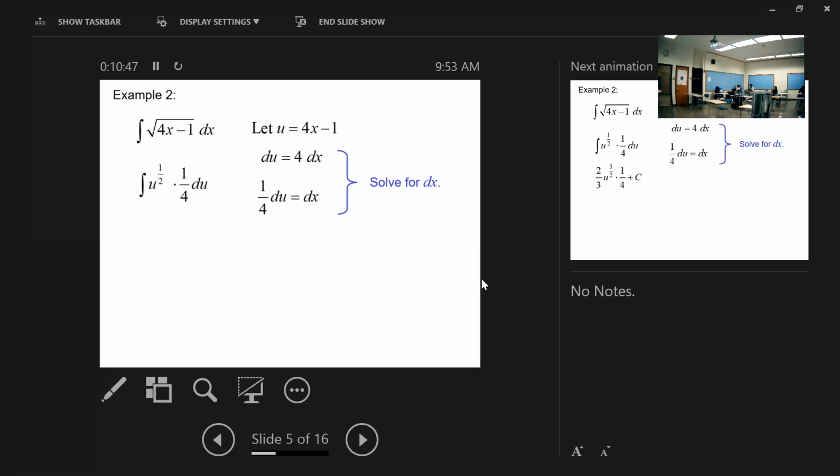Well, I need this to be du. So if I put a 4 in here, 4 dx is du. But if I put a 4 there, you have to put a 1/4 out front to balance it. Okay? You're going to get to the same place as the PowerPoint.